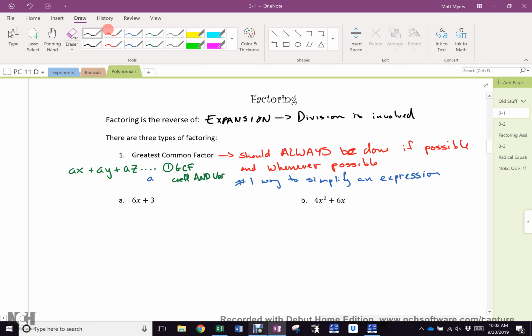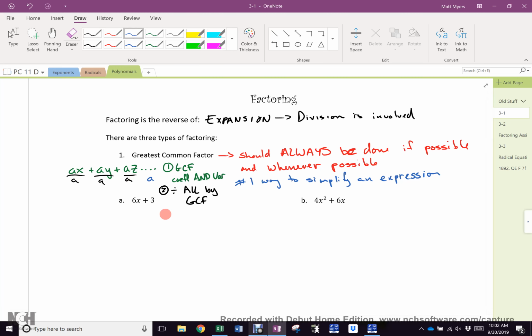Then, step 2, divide all by the GCF. So I'm going to divide that by A, divide that by A, divide that by A. When do I stop? When I run out of terms.